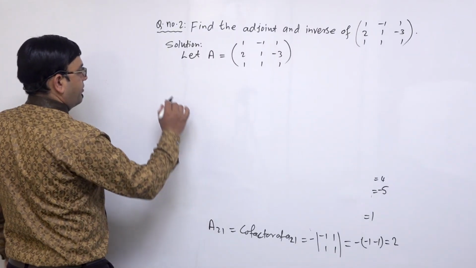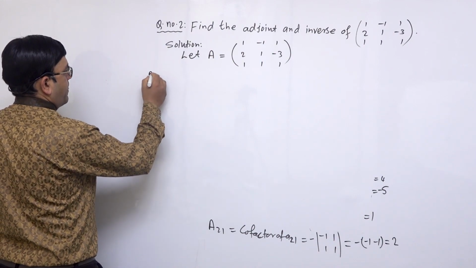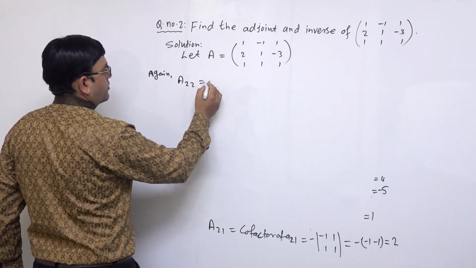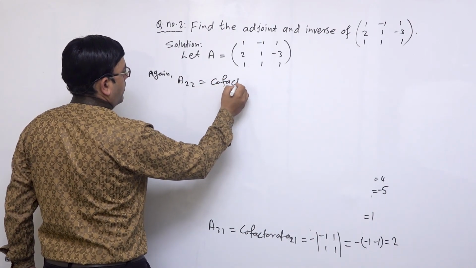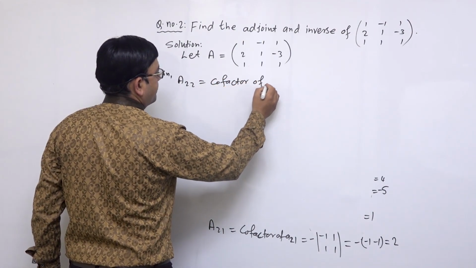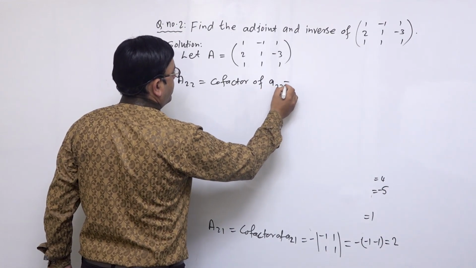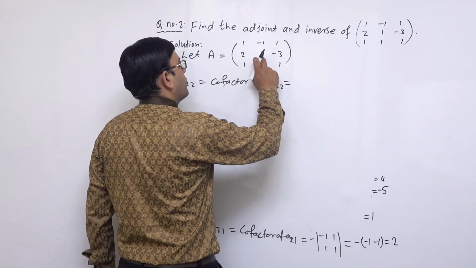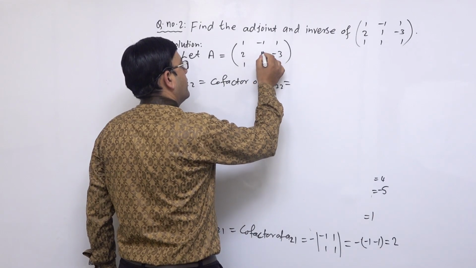Again, A22 is equal to the cofactor of A22. A22 is this one.